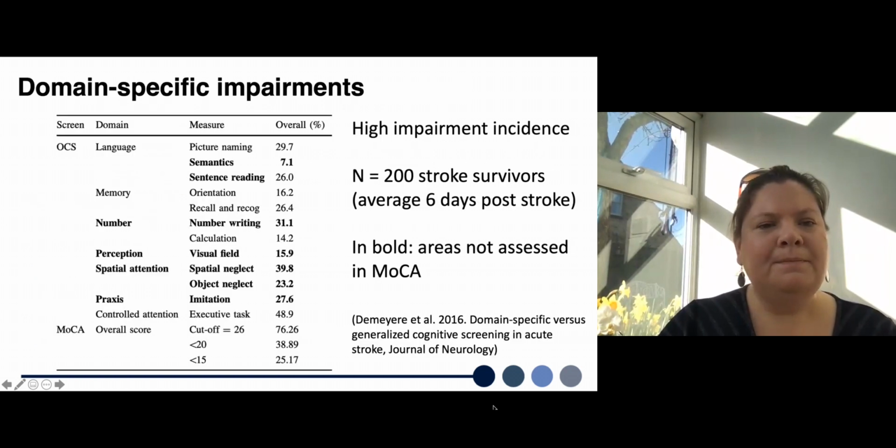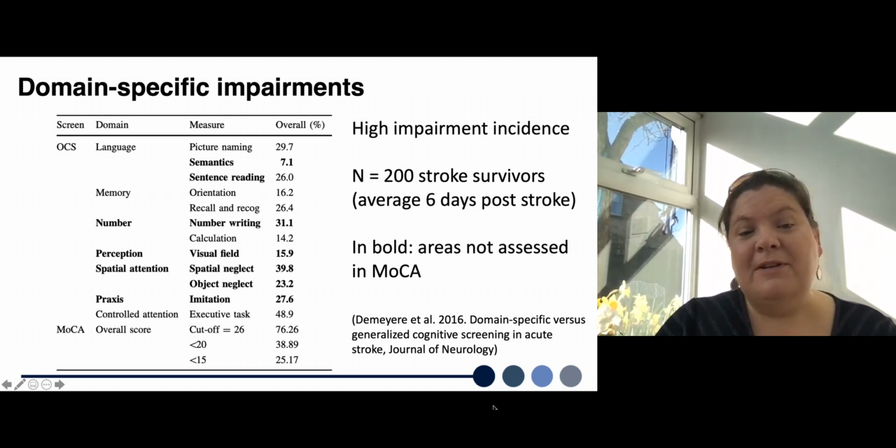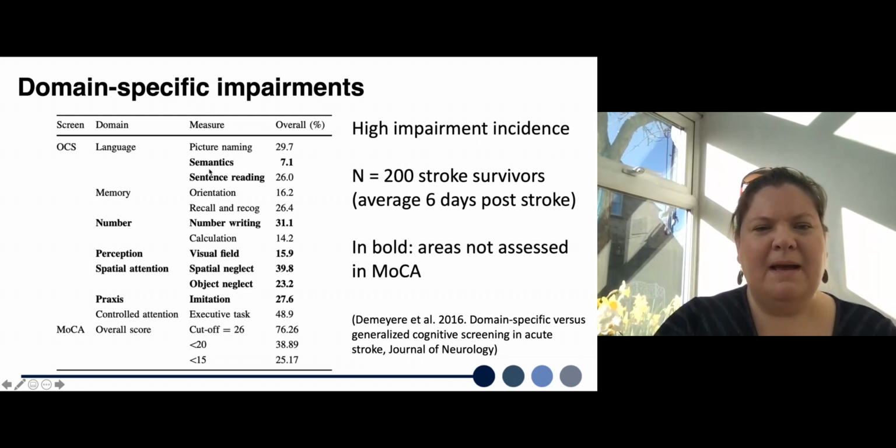So for example, this is from a paper we published in 2016 in Journal of Neurology, where we had 200 stroke survivors who completed both the OCS and the MOCA. And you can see this is just impairment incidence for different subtasks of the OCS and then for the MOCA overall. And what you can see is there's really high prevalence of these kind of impairments. What you see here in bold, I'm not sure if you see my mouse hovering here, are tasks that are not being assessed in dementia screens.